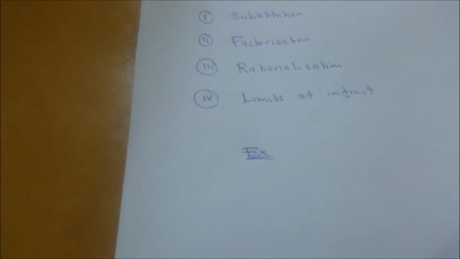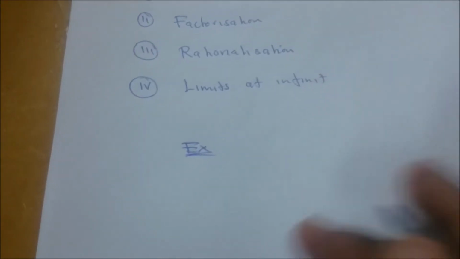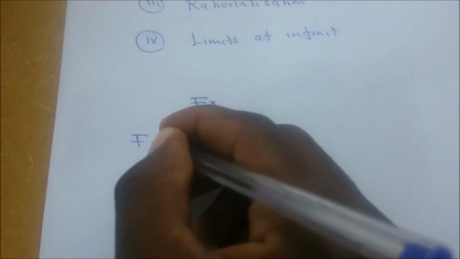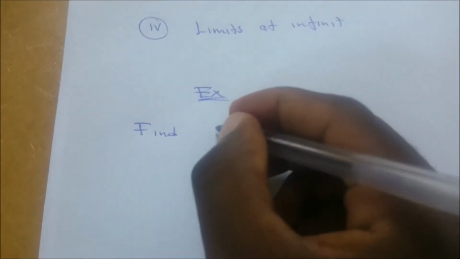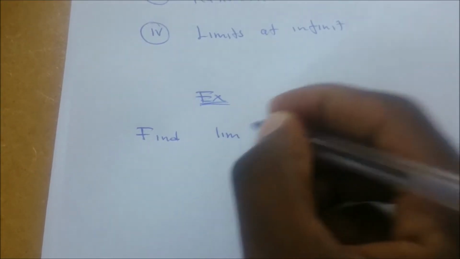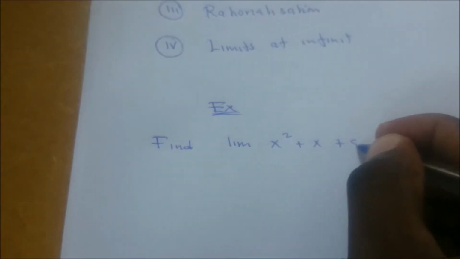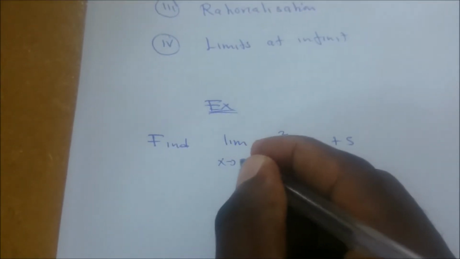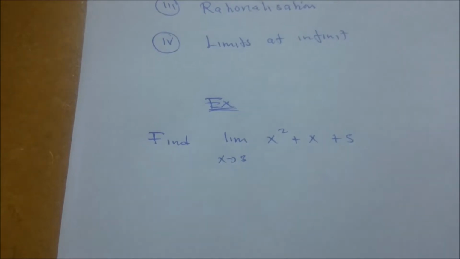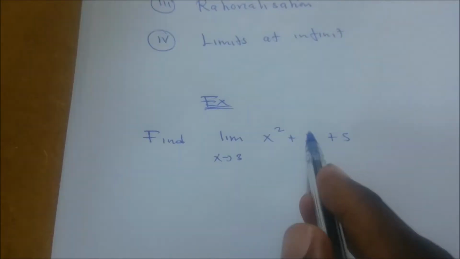So now, let's look at this example. We've been told to find the limit of x squared plus x plus 5 as x is approaching 3.